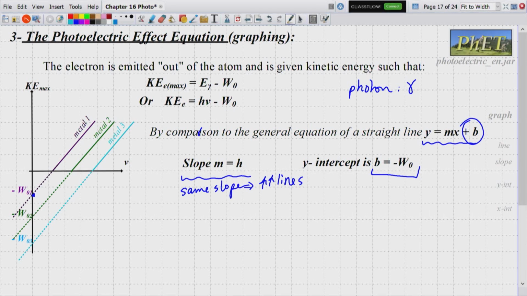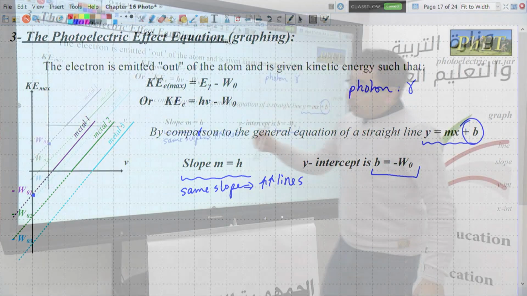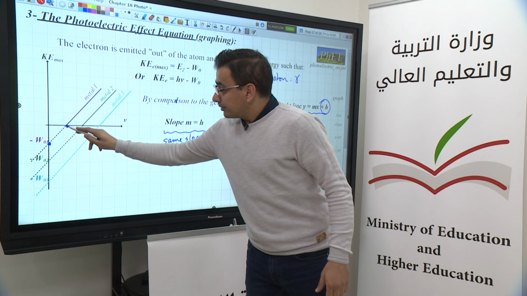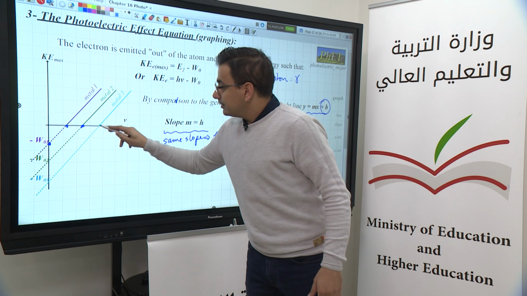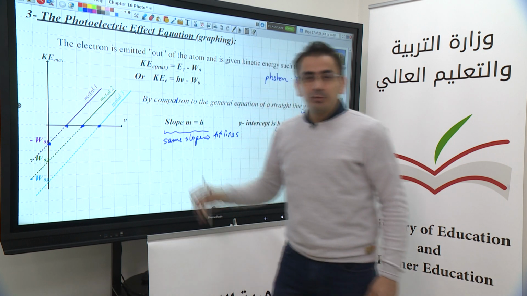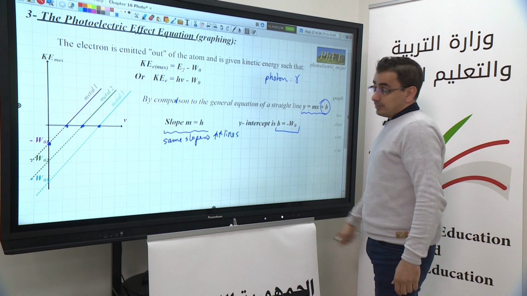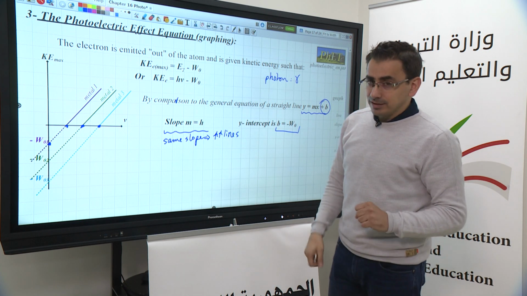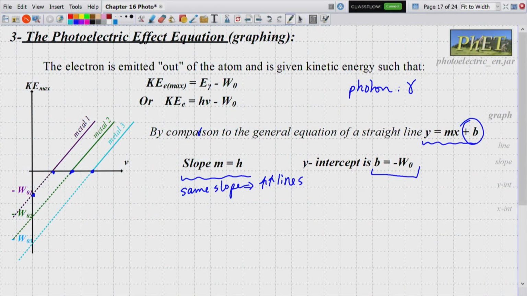Now, what's special about this point here, cutting the x-axis, what we call the x-intercept? If you think about it using mathematics, the x-intercept means y equals 0.